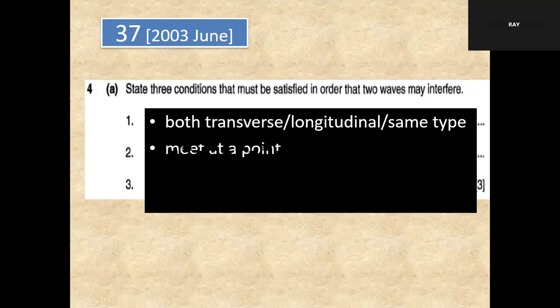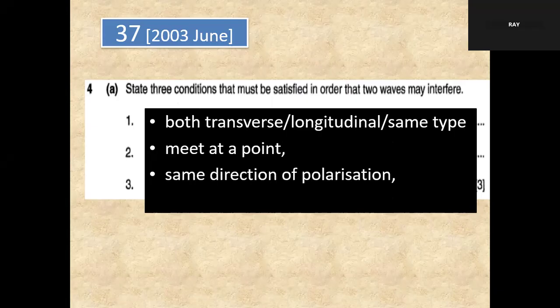They must meet at a point before they can interfere. Same direction of polarization. Is transverse and longitudinal the same thing? Different. That means transverse and longitudinal cannot interfere. These are alternative answers: both of them transverse, or both of them longitudinal, or both the same type.